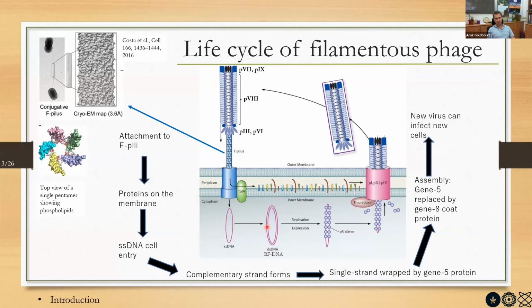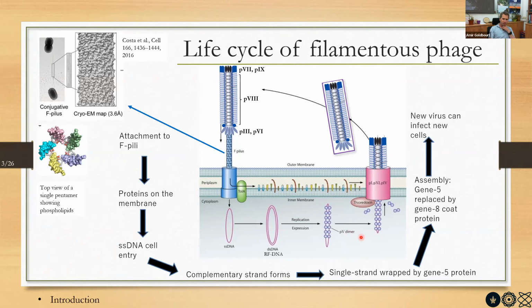When this expression starts, you have 11 different genes that are being expressed. One of them is this gene 5 protein, you can see it here, which appears as dimers or homodimers in the cell.